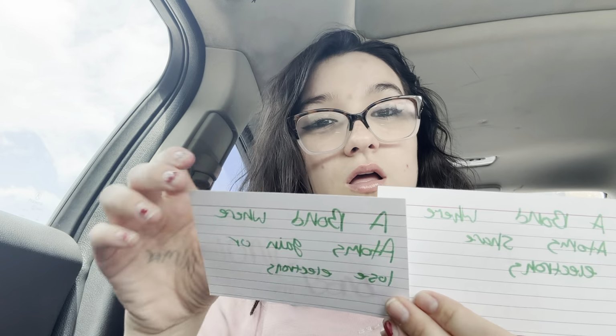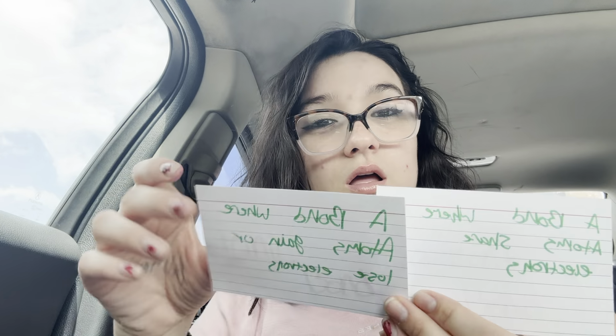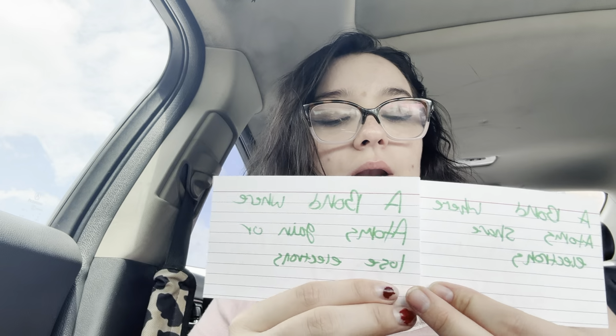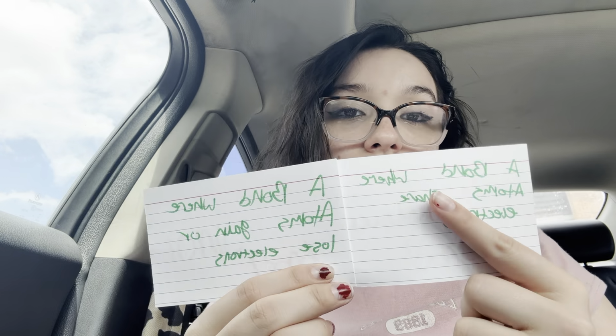Let me go to the last one we looked at. It says a bond where atoms gain or lose electrons. That would be ionic bond. Now this one is a bond where atoms share electrons. This is a covalent bond.